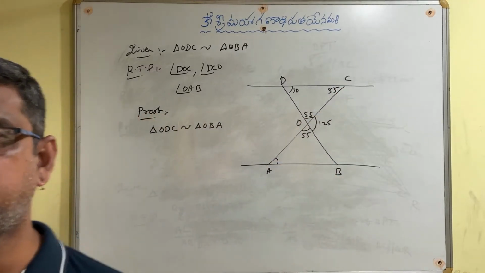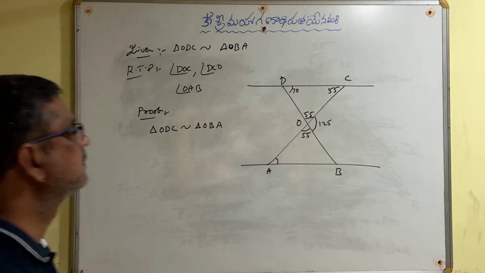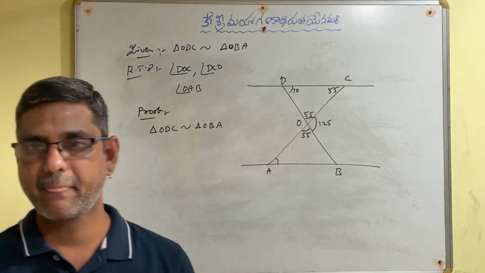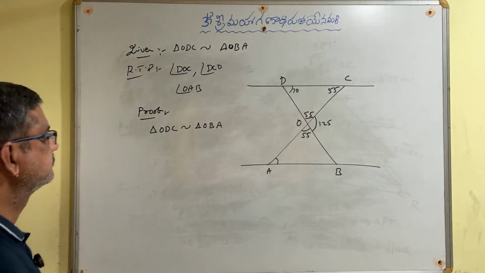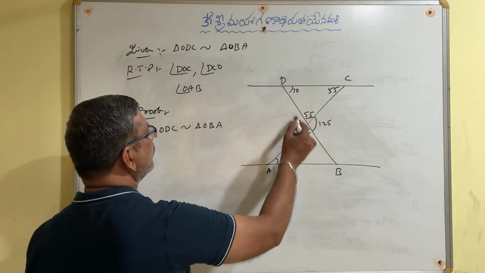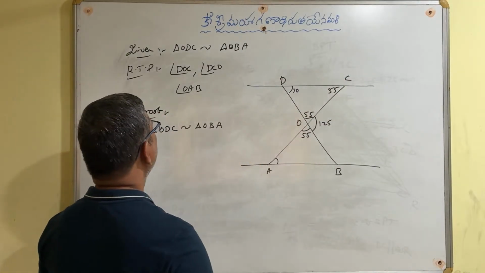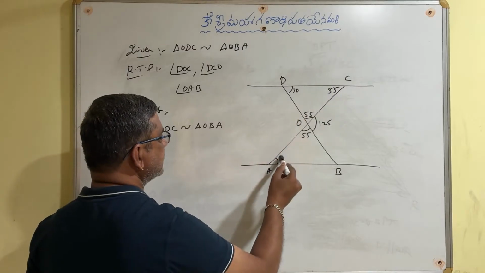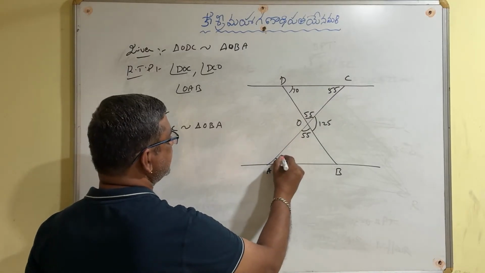Now, since triangles ODC and OBA are similar, this angle is equal to this angle by CPST.